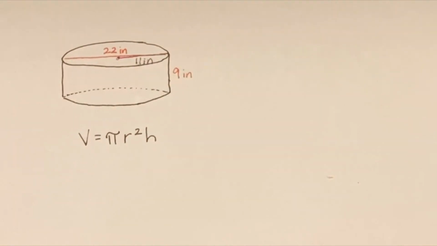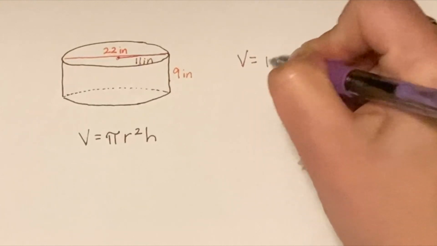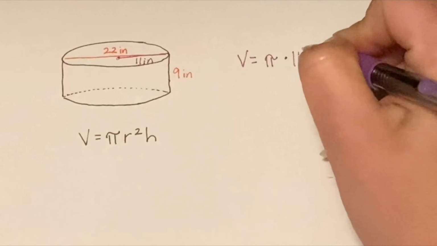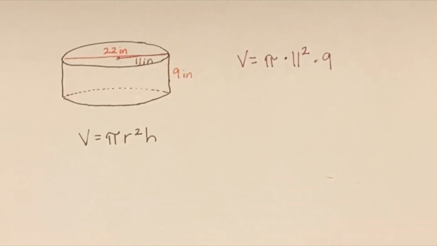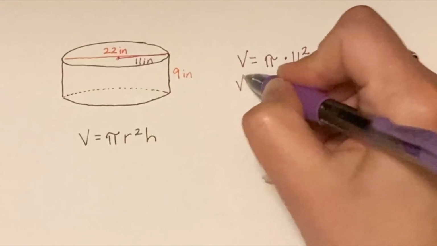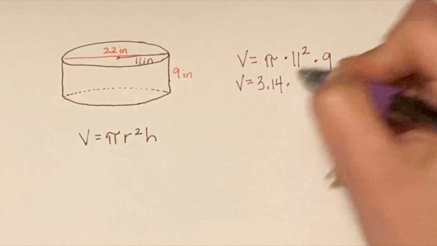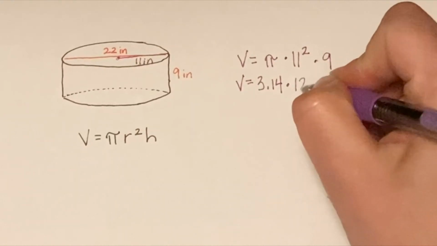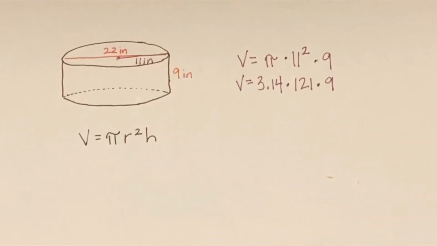So now I have my formula. Volume is equal to pi times my radius, which is 11 squared, times my height of 9. I know again that I'm going to use 3.14 for pi, and I know 11 times 11 is 121, and then I have to multiply that by the height of 9.